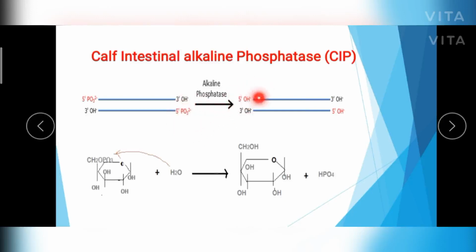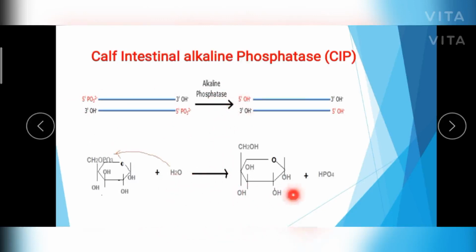When the hydroxyl group is present at these ends, they fail to anneal. So in order to prevent self annealing and recircularization, this modification is done by alkaline phosphatase. In this example, the 5' phosphate is converted to a 5' hydroxyl group.